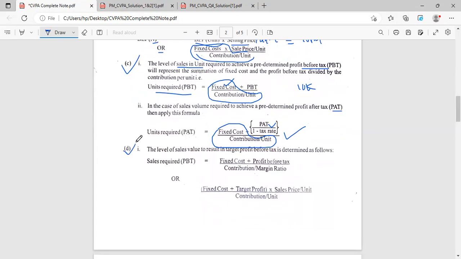Yes, sir. So D is going to be the level of sales value to result in target profit before tax. Remember, here is the level of units required. Here is not the level of sales value. So the same thing applies: fixed cost over contribution margin ratio, because we are trying to get sales value, not units. If you are getting units, use contribution. If you are getting sales value, use contribution margin ratio.